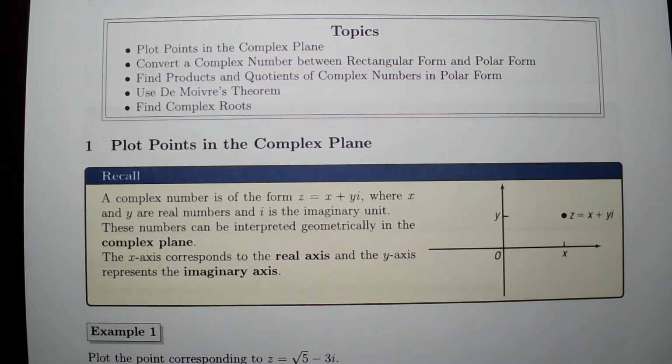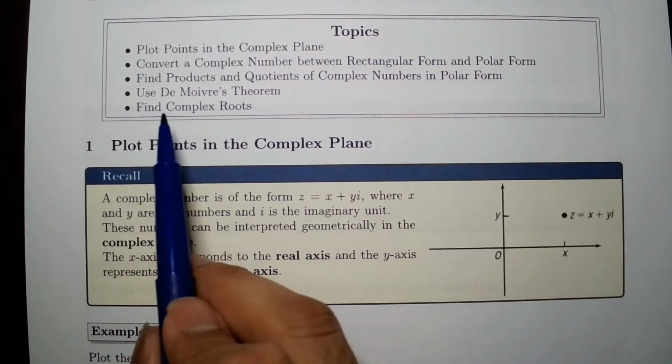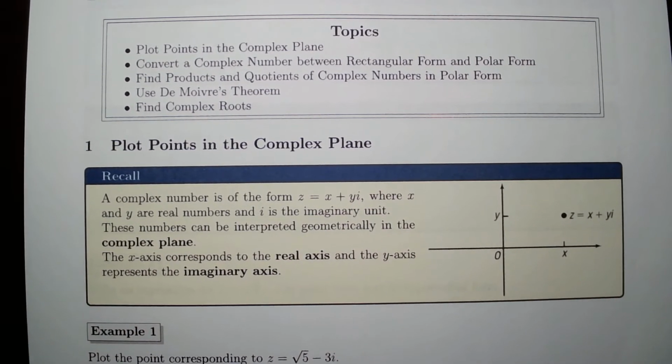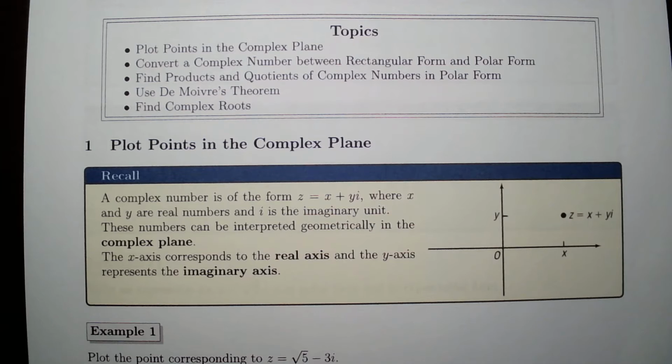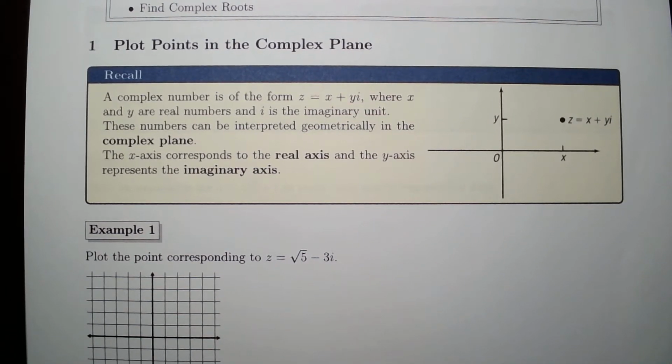Then we do operations with complex numbers, in this case multiplication and division using the polar form and the exponential form. Then we're going to use De Moivre's theorem to evaluate powers of complex numbers, and we close this section finding complex roots.